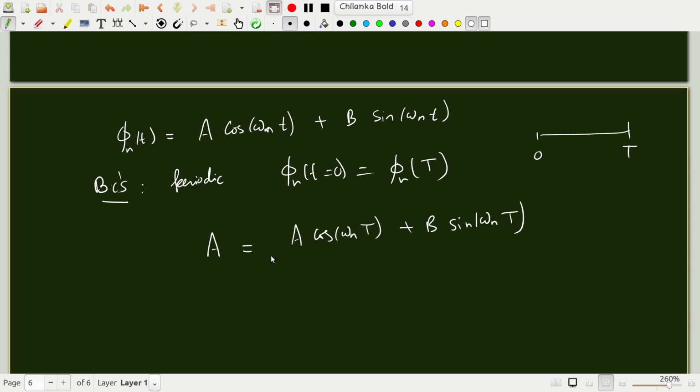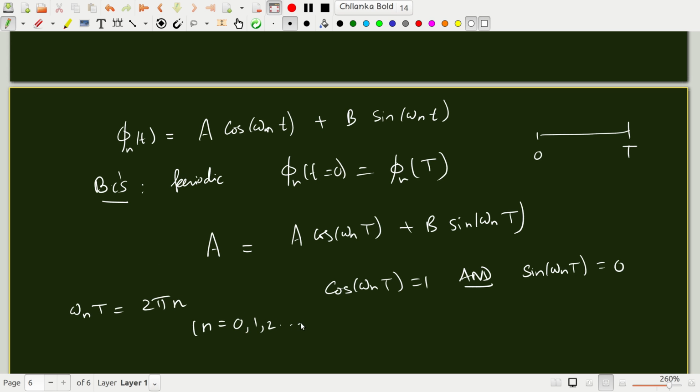This means that if this has to be equal, cos omega n t is equal to 1 and sine omega n t equal to 0. That means that omega n t has to be 2 pi n, where n is an integer, 0, 1, 2 and so on. So omega n is nothing but 2 pi n upon T.